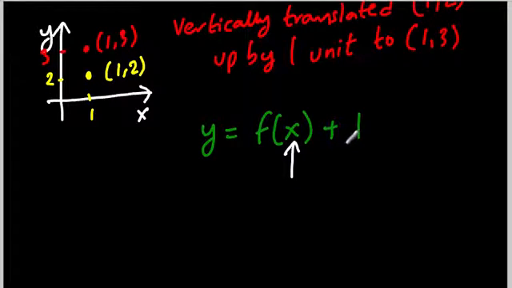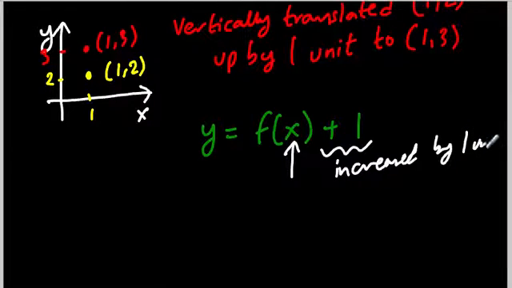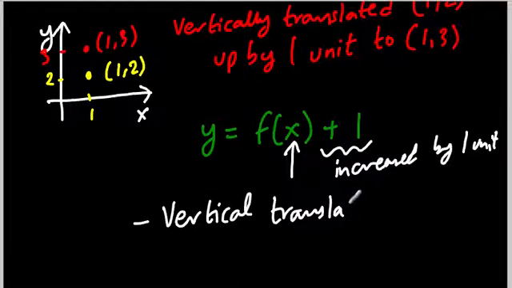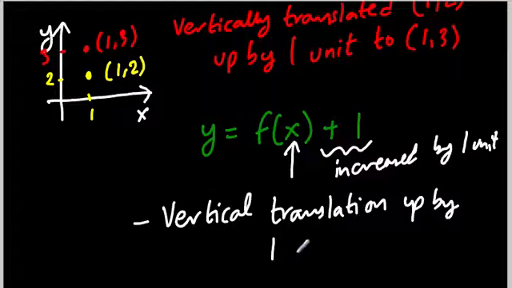But what it means is all the y values are being pushed up by 1, so increased by 1 unit. So the proper description for this is a vertical translation up by 1 unit. And if this was a negative number, then we would say a vertical translation down by 1 unit. But for this example, we're just going to say up.